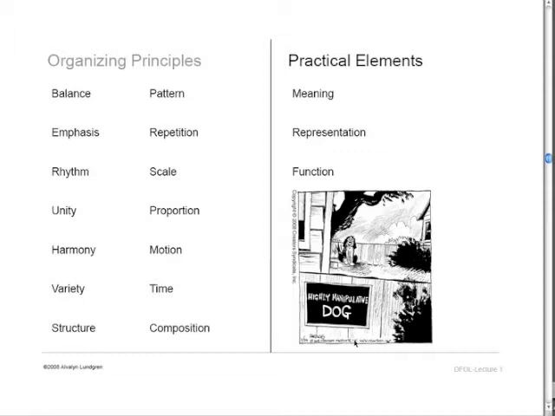The representation is the idea of what is actually in the piece that's helping communicate. And then we have function. What is this for? What is this meant to do? So every design has a function, a purpose that it needs to achieve, or else it's really not design. And if it doesn't achieve the function, it doesn't work. It's failing in its purpose. And so we use the formal, relational, and principles to support the meaning, the representation, and the function.